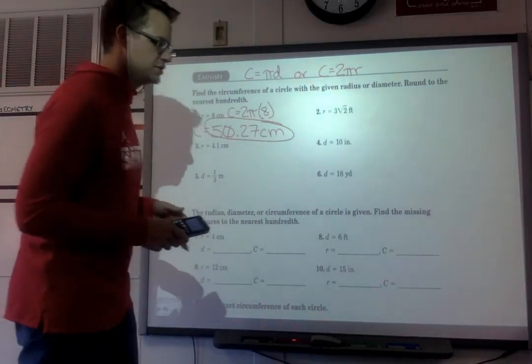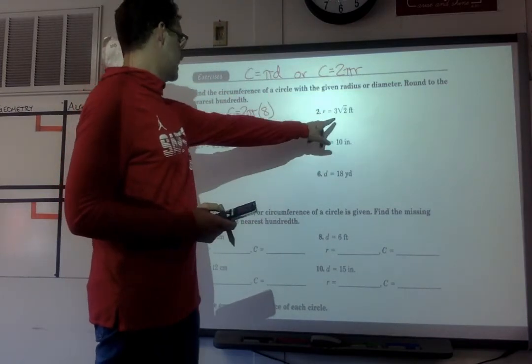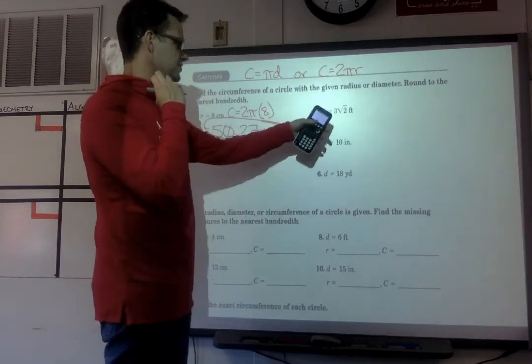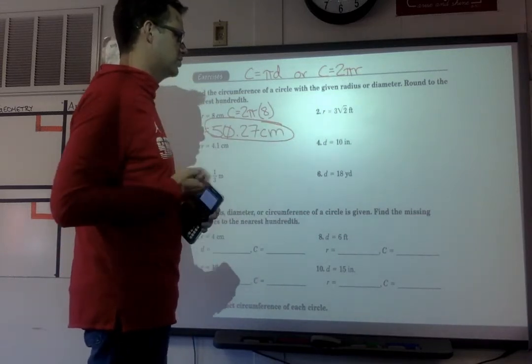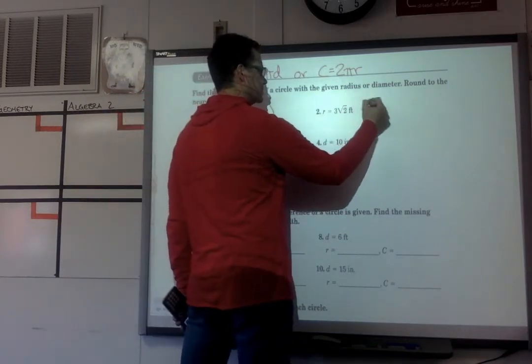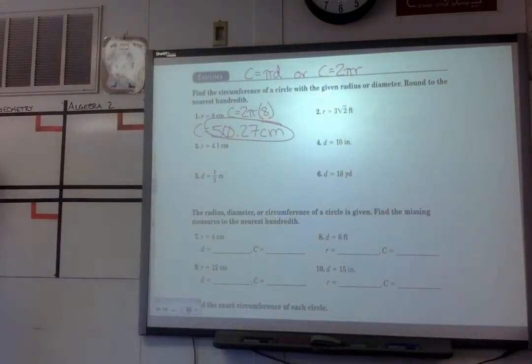Now let's go ahead and do another one here. Let's do number 2. Since it has a square root in there, this one's going to be a little bit different. It tells us the radius is 3 times the square root of 2.